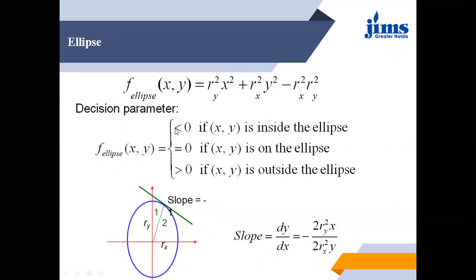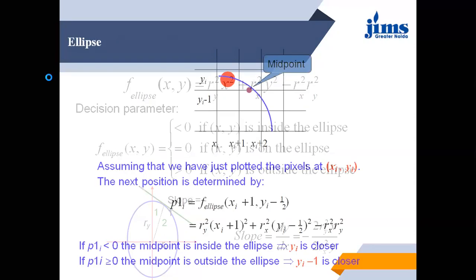So if we put the values in the equation and the value is less than 0, then the point is inside the ellipse, and if it is equal to 0, the point lies on the ellipse, and if it is greater than 0, then the point lies outside the ellipse.